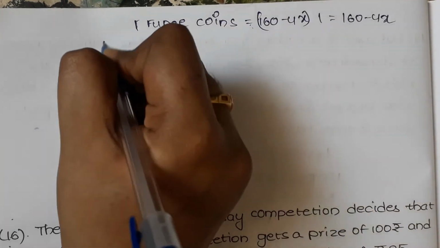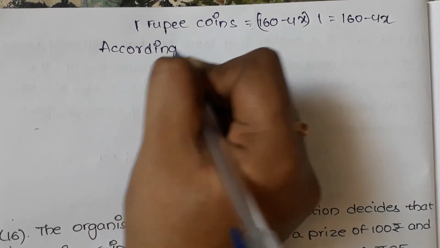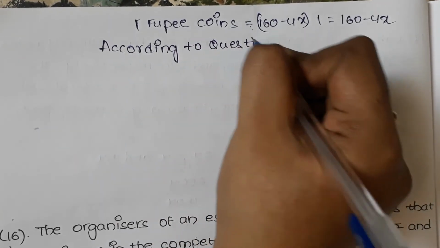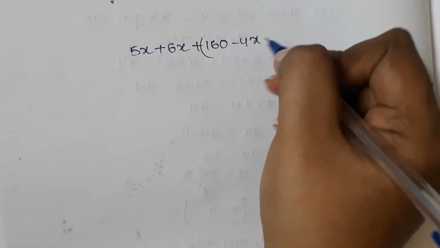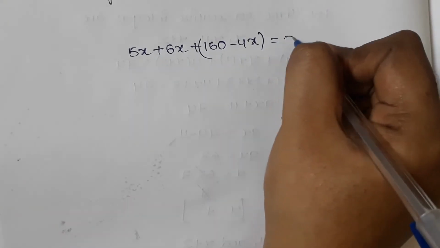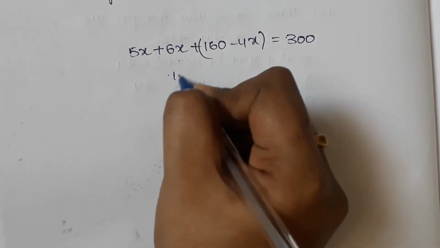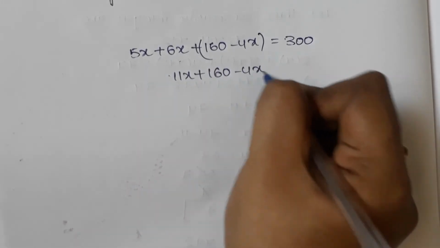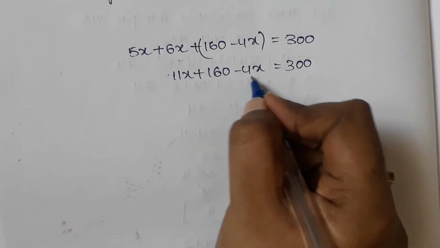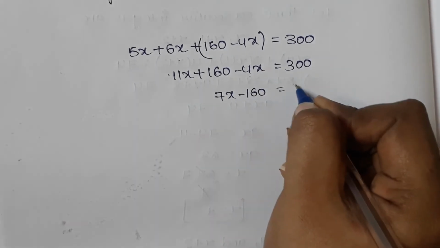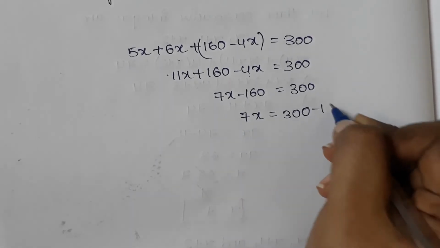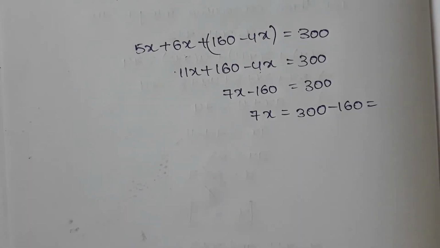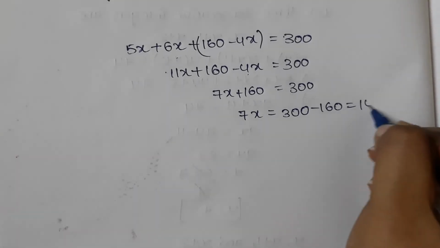Now according to the question, 5x plus 6x plus 160 minus 4x equals 300, since in total I have 300 rupees. 5x plus 6x is 11x, plus 160 minus 4x equals 300. 11 minus 4 is 7x, plus 160 equals 300, and 7x equals 300 minus 160, that equals 140.